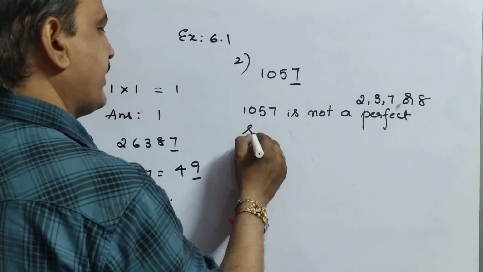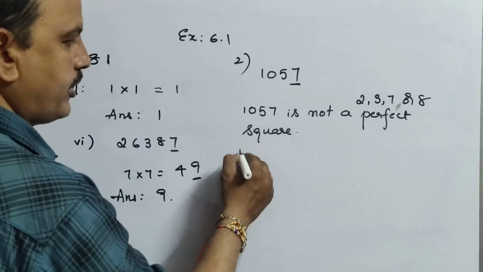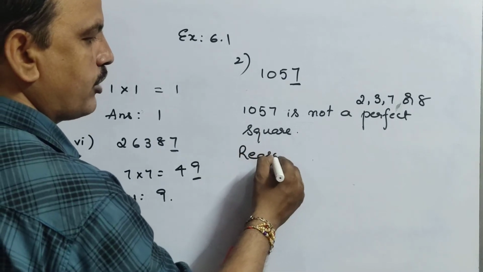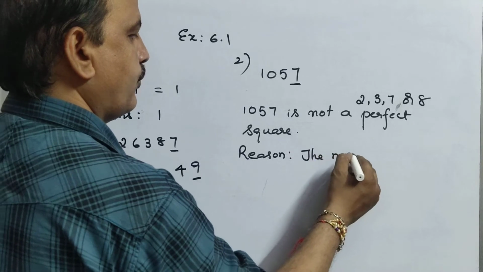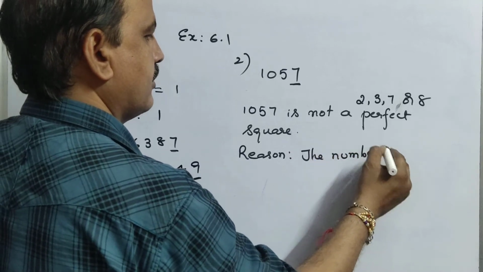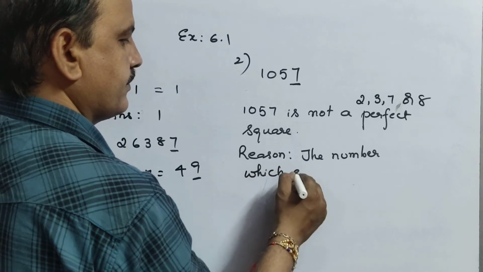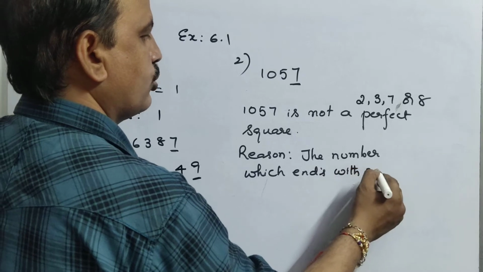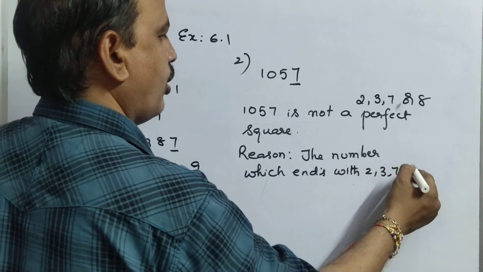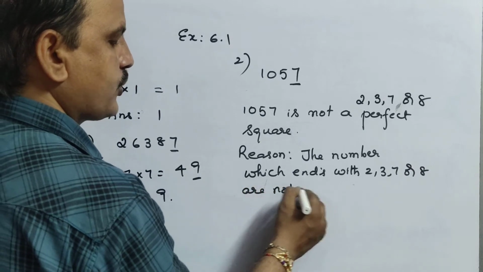And he asked the reason behind that. So what do you write as the reason? The number which ends with 2, 3, 7 or 8 is not a perfect square.